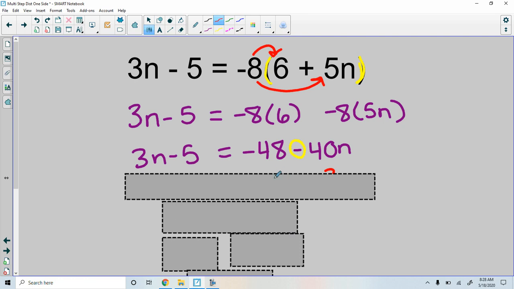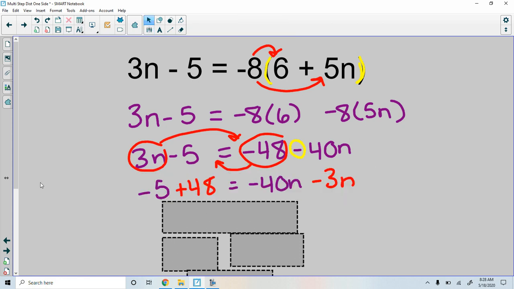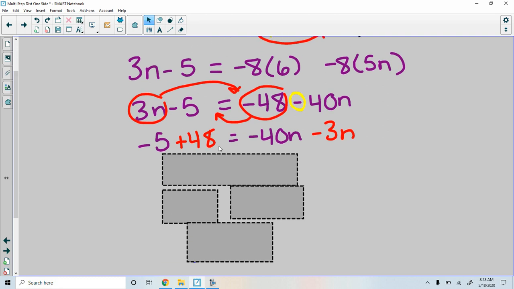And so now I'm going to start moving some things so I can solve. I'm going to move my 3n to the other side. It becomes negative 3n. And I'll move my negative 48 to the other side to get positive 48. And again, I did that in red so you can see how the signs change when they switch sides of the equal sign.